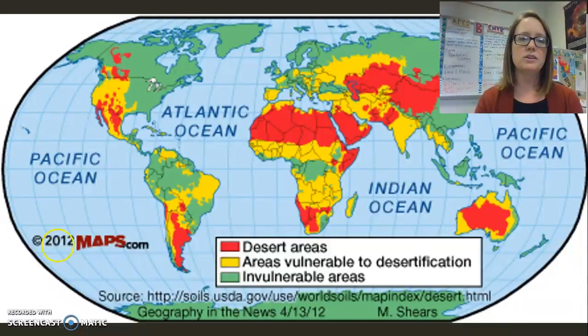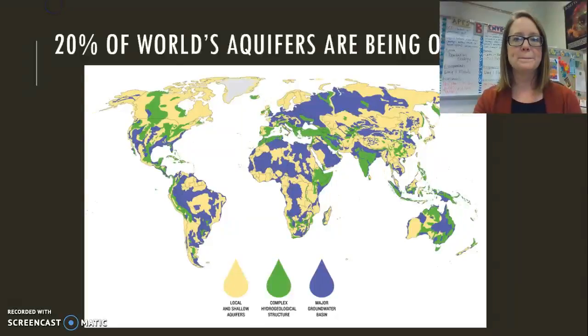Those in green, like on the east coast of the U.S., we're a temperate deciduous forest. We get plenty of rainfall, so we are not vulnerable to desertification. But in the western part of the U.S., where there's not as much rainfall, and we have some of our grasslands, our chaparral, our desert biomes, we have much more vulnerability.